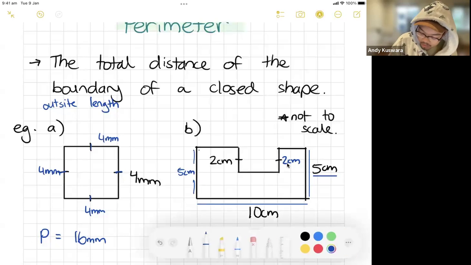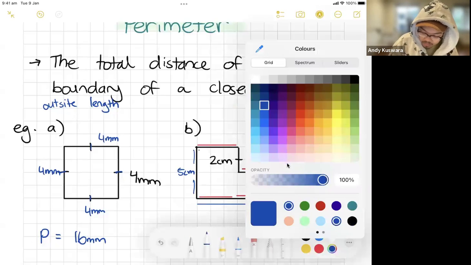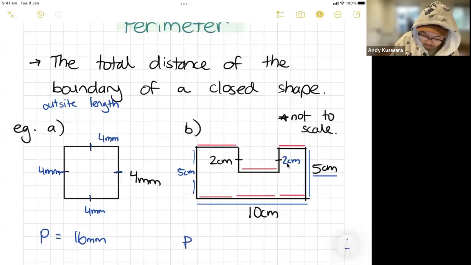Now, I'm going to highlight this in red. We don't know what this length and this length are. We don't have measurements for them, but I know that altogether, those lengths should add up to 10. Okay, so to find the perimeter here, I'll just say perimeter equals, I'm just going to plus things together, 10 plus 10.